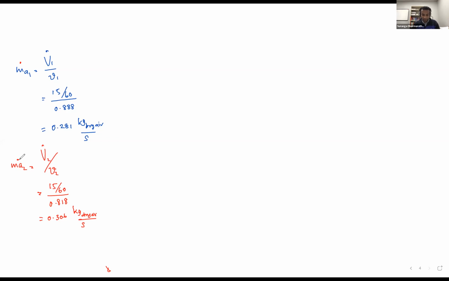So the mass flow rates are found, and then we have an equation for omega 3.